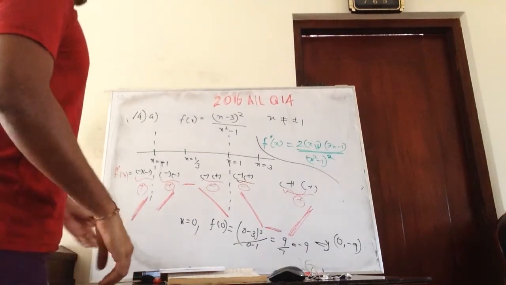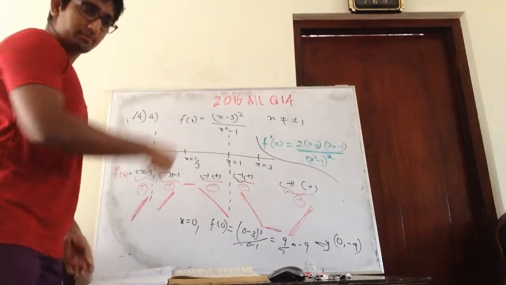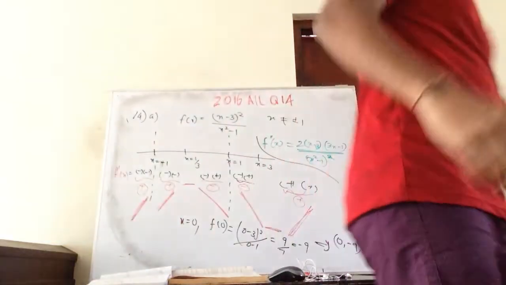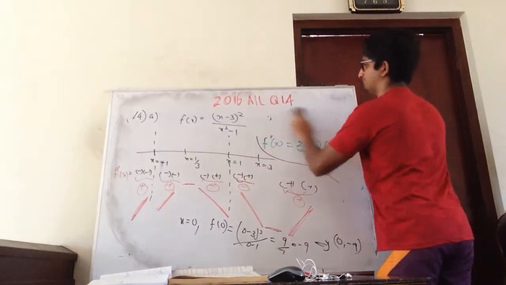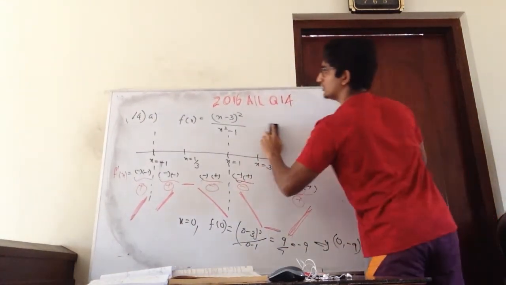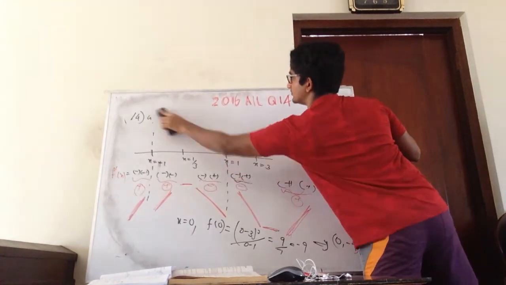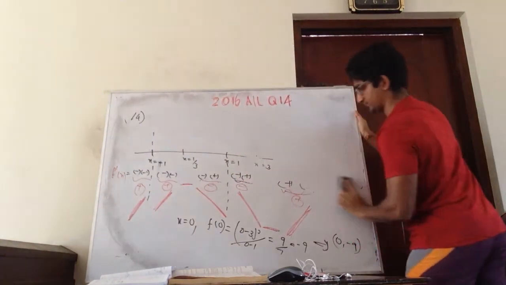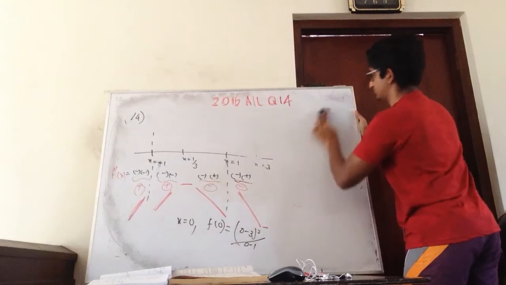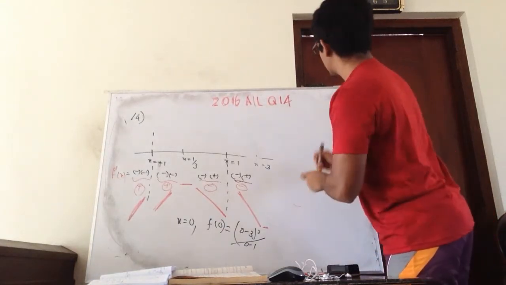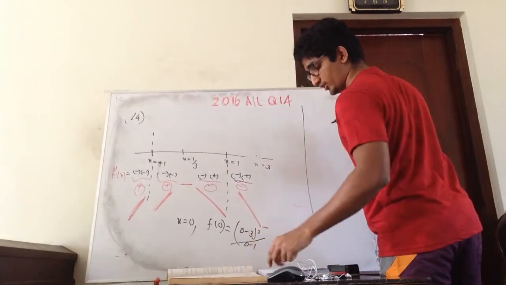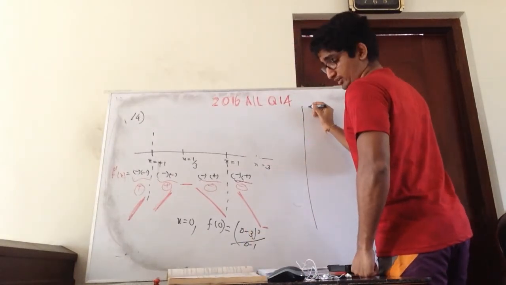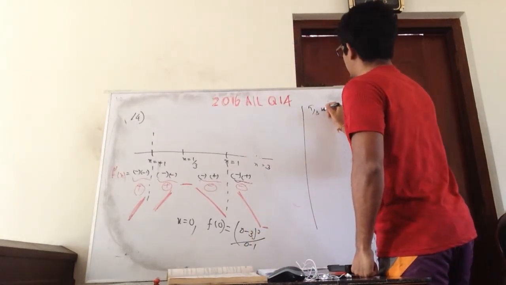Okay, so we need to draw the graph now. So let me summarize the findings that we have got so I can draw the graph easily. So basically what we got was the points 5, 3, 1.